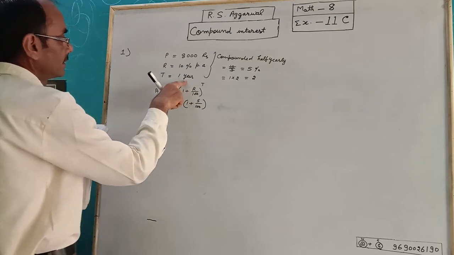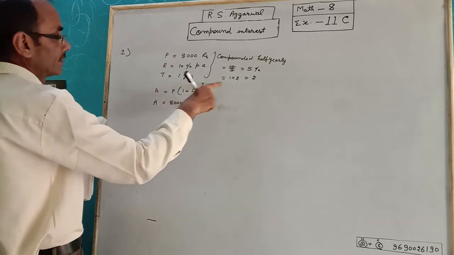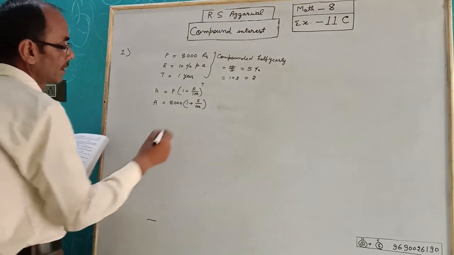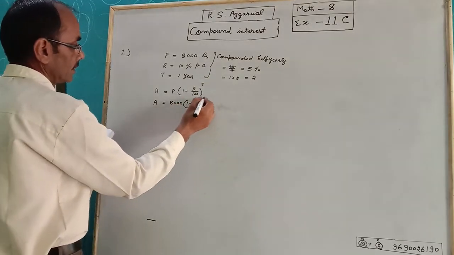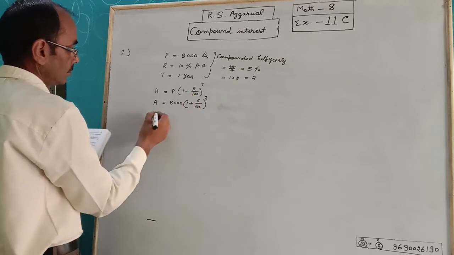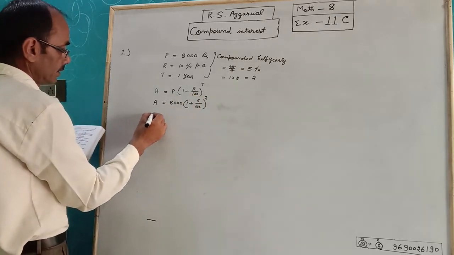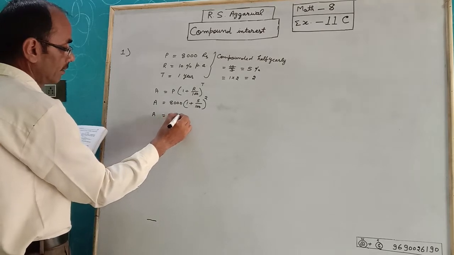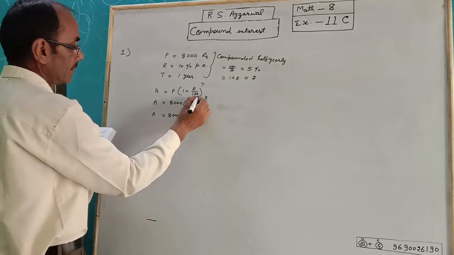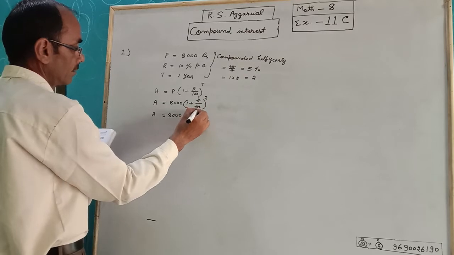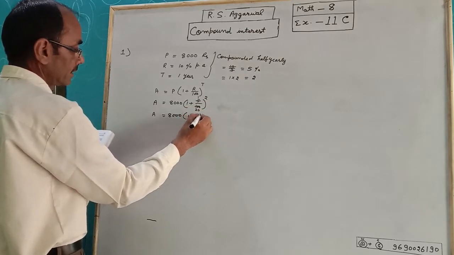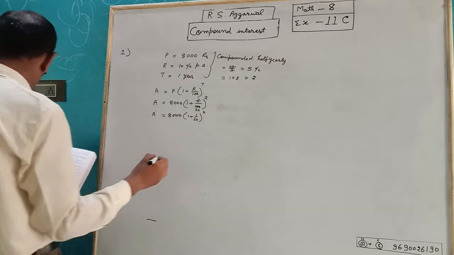Time will be 1 year, after multiplying by 2 for half yearly, power is 2. A is equal to 8,000 (1 plus 1 upon 20) power 2.